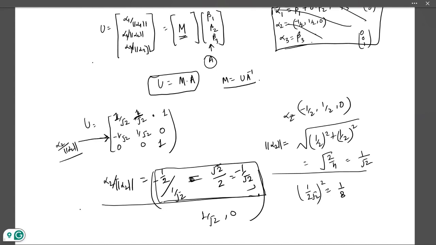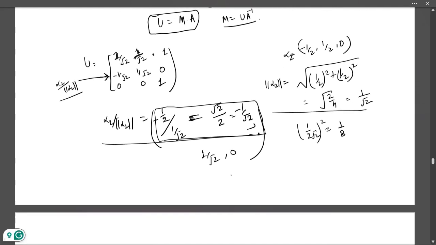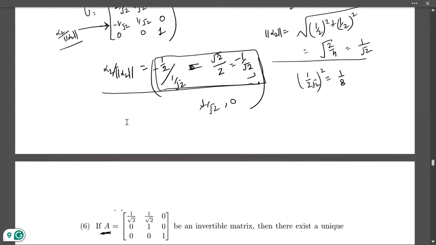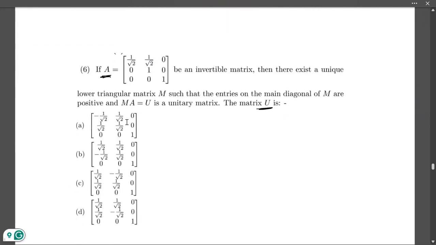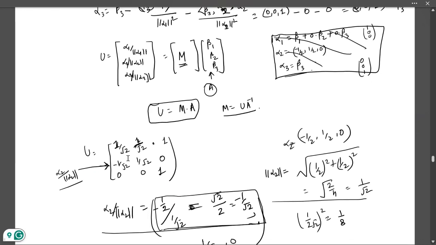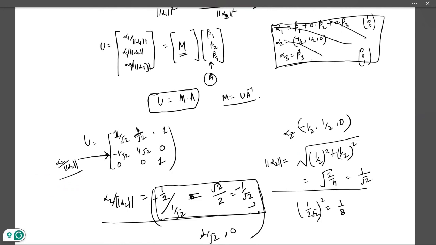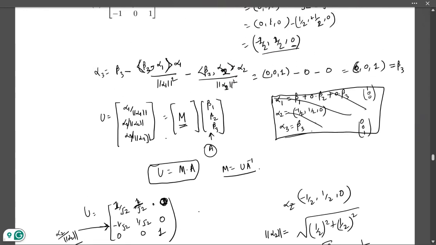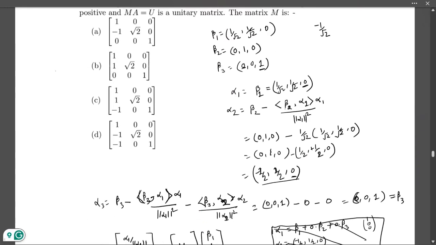Okay. So anyway, this is good. Or then we get here, still there is a little mistake. How are we getting 1 here? It's 0, right? 1 by root 2, 1 by root 2, then 0. Alpha 1 is like that.